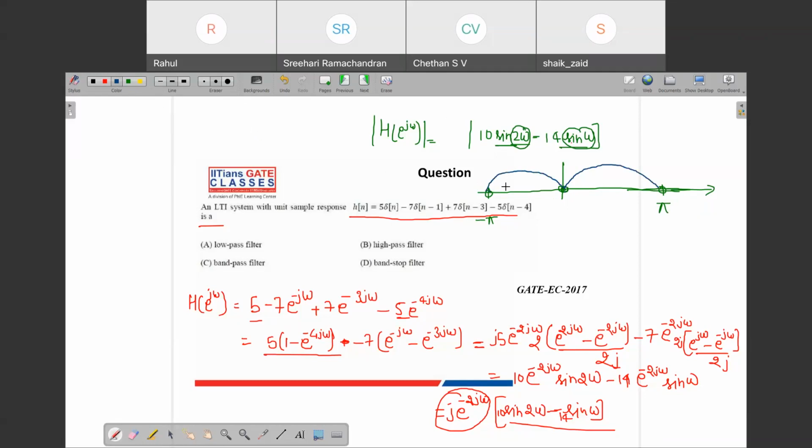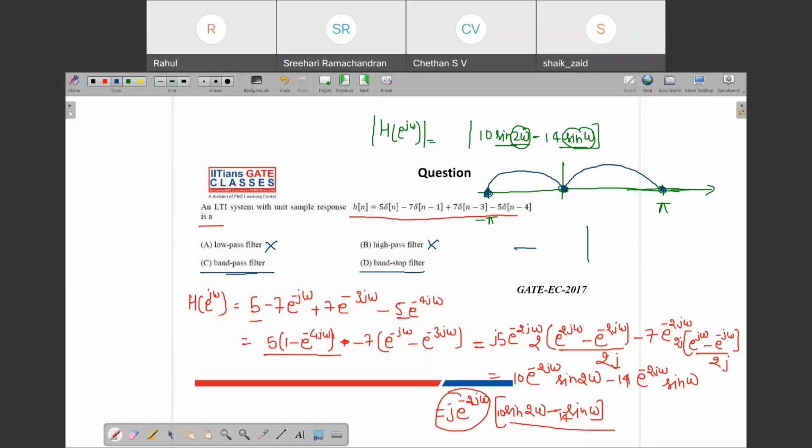Okay. So if you see, this filter looks like a band pass filter. You can simply remove the low pass filter option because it is rejecting the DC. You can remove the high pass filter option because it is rejecting the high frequency signal also. Next is the band stop and band pass filter.